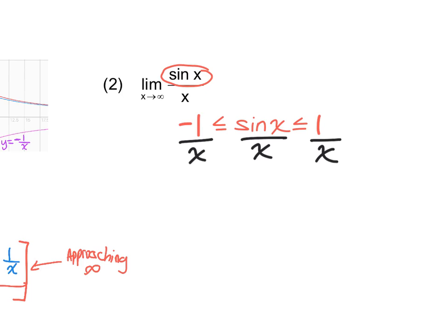All right, so now I can go to my calculator and verify that this is a true statement. Because that's the thing, you don't want to go on to the next step unless you know that this is legit. So sine of x over x, -1 over x, sine of x over x, -1 over x, and then +1 over x.